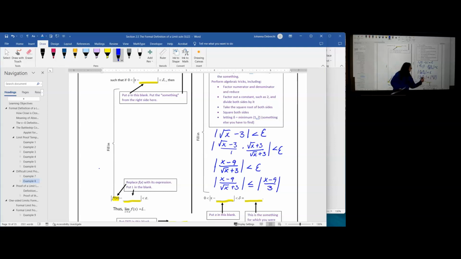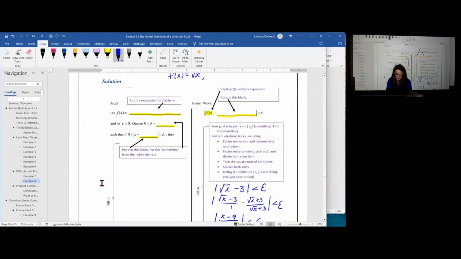If this is bigger than that, and I want both of them to be less than epsilon, could I then multiply both sides by the 3? And the answer is yes. This gives me x minus 9 less than delta, which is epsilon multiplied by 3. This is kind of a strange one in that my delta is larger in value than my epsilon, but it works. All right, let's go ahead and write up the formal side of the proof.